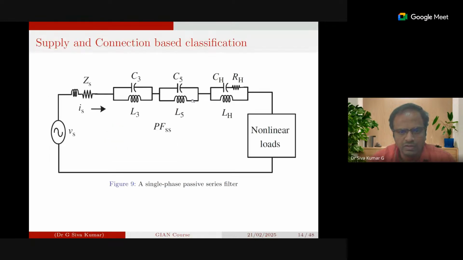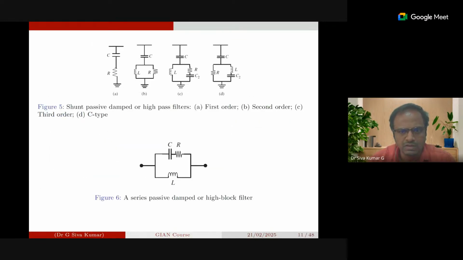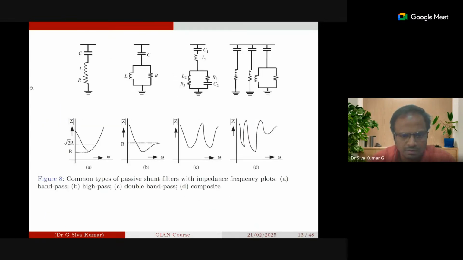We will be seeing this slide, which shows the impedance plot with respect to frequency and how it varies, considering this combination of elements connected in a shunt connection.